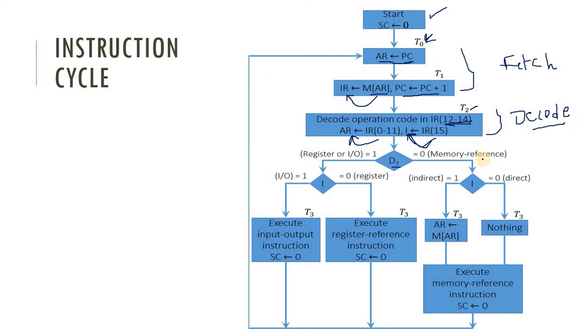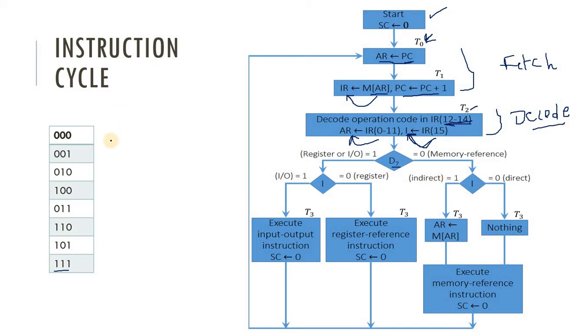Now as I said, the opcode bits generate the 8 decoding outputs. So this output is something like this. The value of D0 is 000, the value of D1 is 001, and up to the value of D7 is 111. So based on the decoding bits, we can differentiate the instruction. If the value of D contains a 0 in any of its bits, then the instruction is the memory reference instruction.